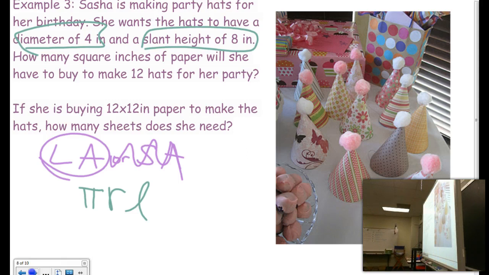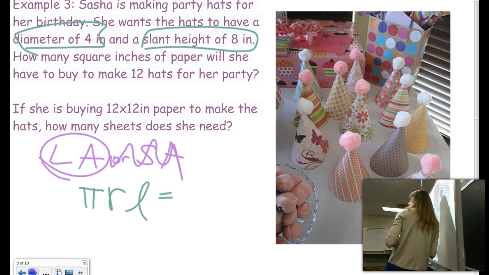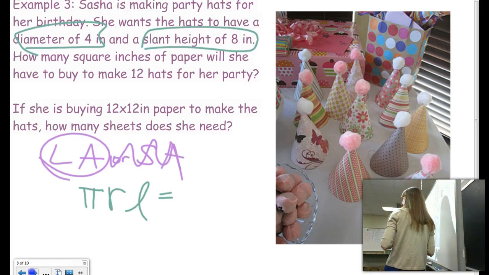John, how much surface area do I need for one hat? Just one. What's pi R L for one hat? Okay, go to your calculator. Type the pi button. Times 2 times 8. Are we not doing it in terms of pi?